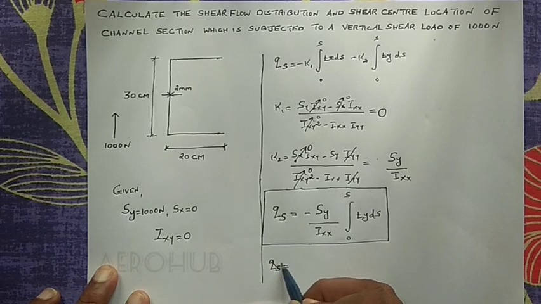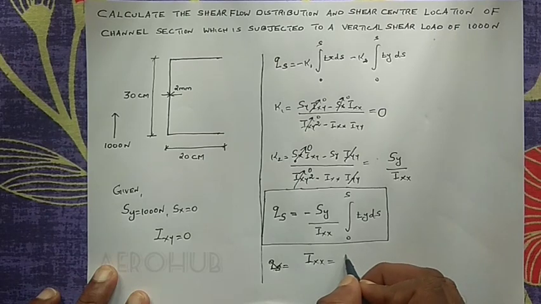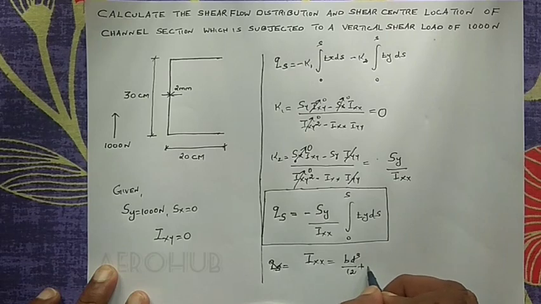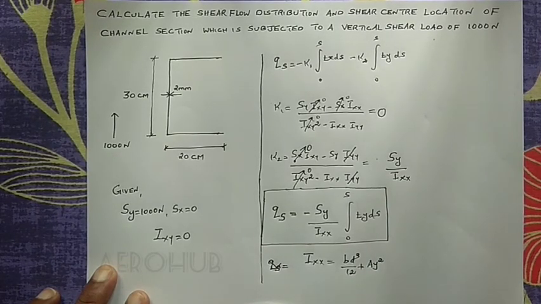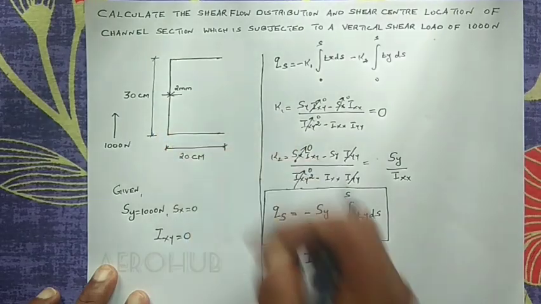First of all you have to find out the value of moment of inertia Ixx. Ixx is equal to bd cube by 12 plus A y square. This is a formula to find out the value of Ixx. So we have two flanges and we have one web here.